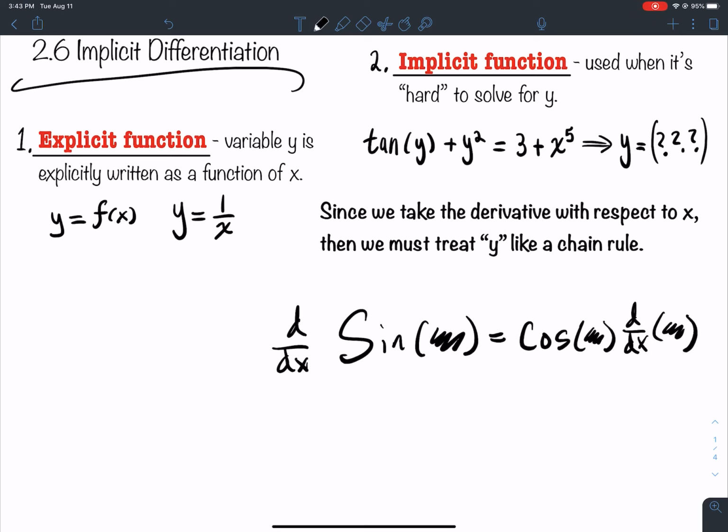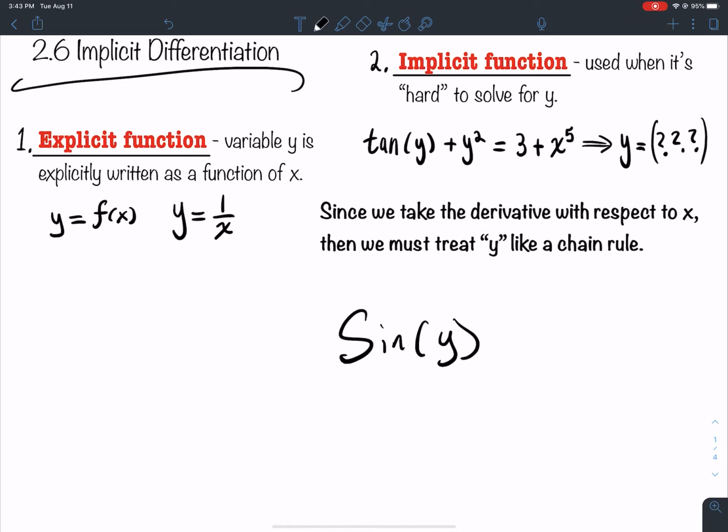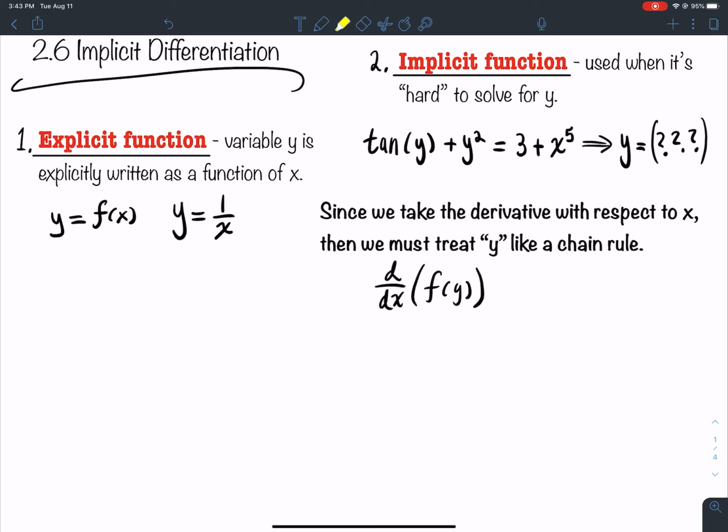I treat it like a chain rule. So I'm going to do the exact same thing here, except that something is maybe a y. So I'm taking the derivative with respect to x of that sine of y. I treat y like a chain rule.